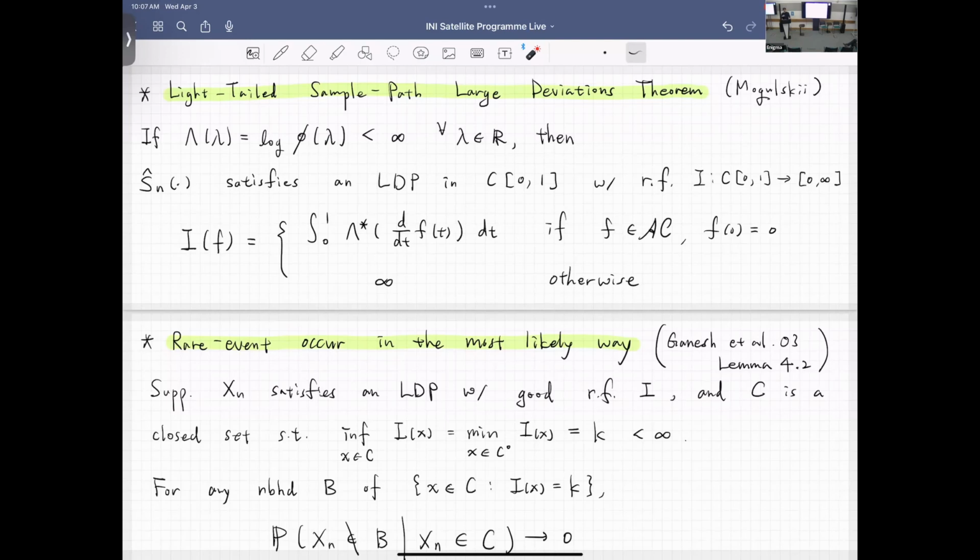So there's this fantastic counterpart in the light-tailed world, but in the heavy-tailed world, the approach has been more ad hoc. You solve it in the particular system, case by case.